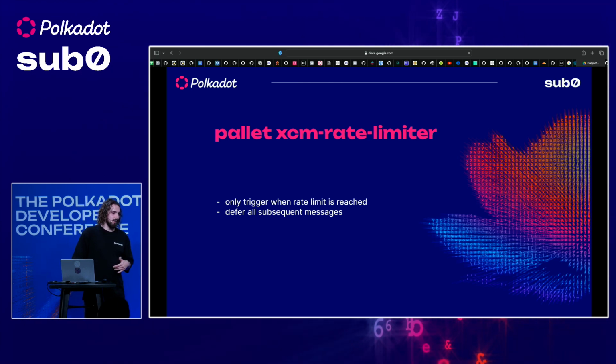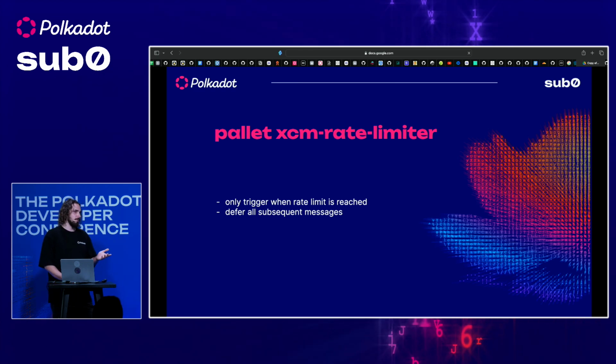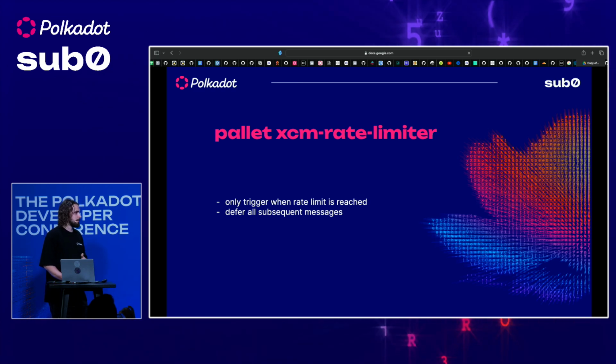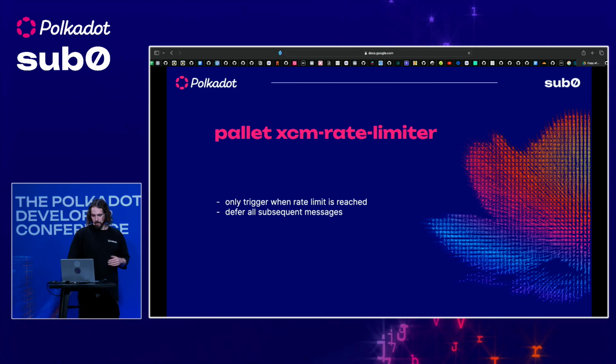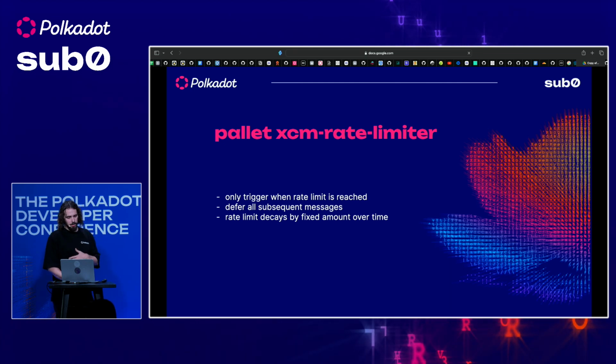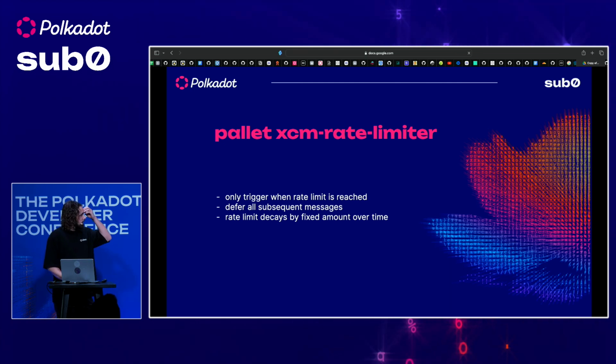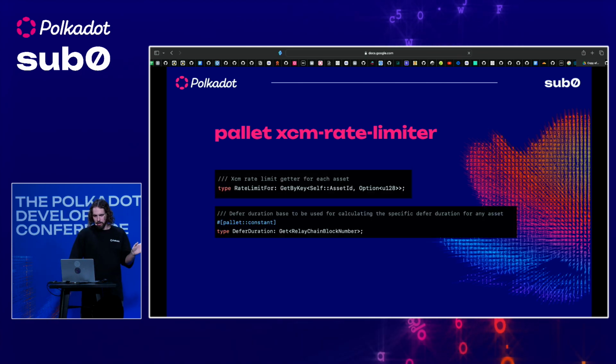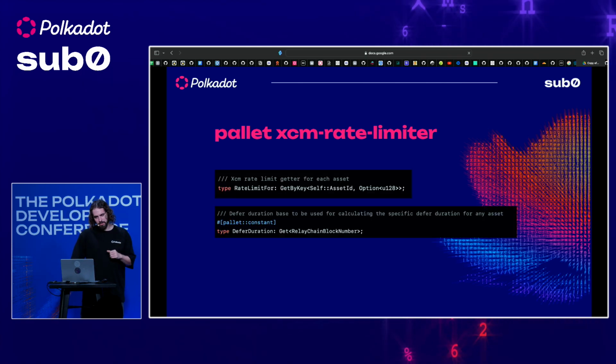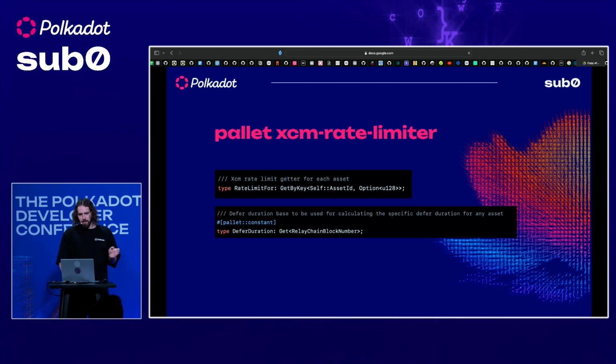The hacker can create 1,000 accounts and then send 1,000 different messages with small amounts and circumvent the filter. So yeah, and the rate limit decays by a fixed amount over time. So that means the volume is set. We will see this in the next slide.